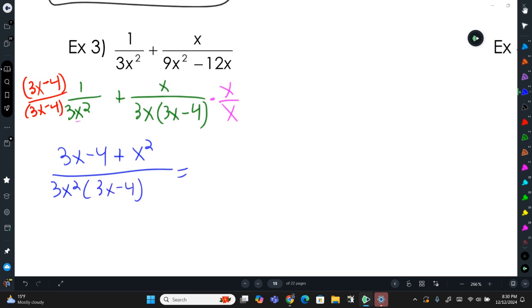Combine like terms in the numerator. Well, we don't have anything that's exactly the same, so let's just rearrange this in standard form.